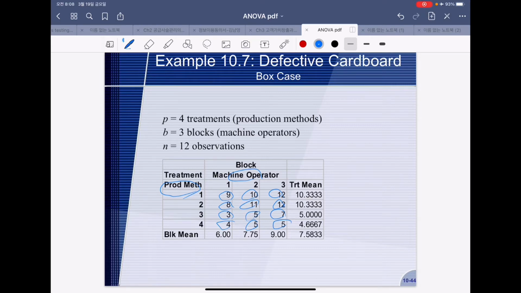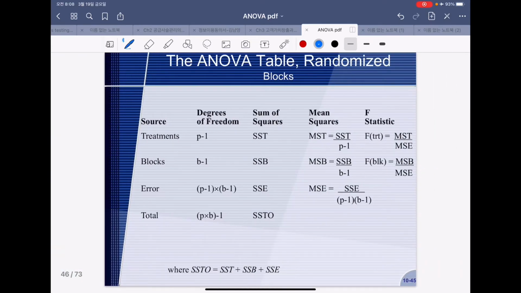Now, in this case, there are lots of computations involved here. So the ANOVA table looks like this. So we have factor 1 and factor 2 and the error here and the total here, right?